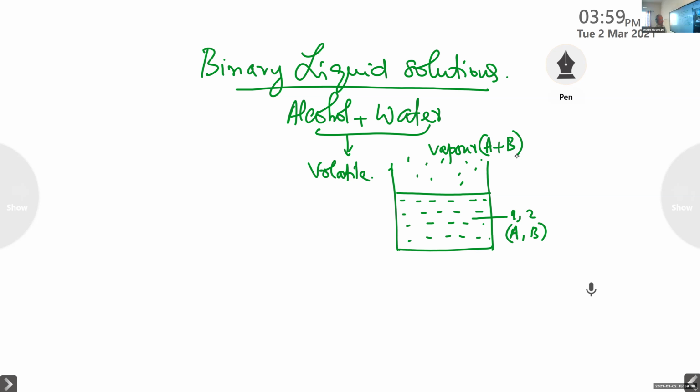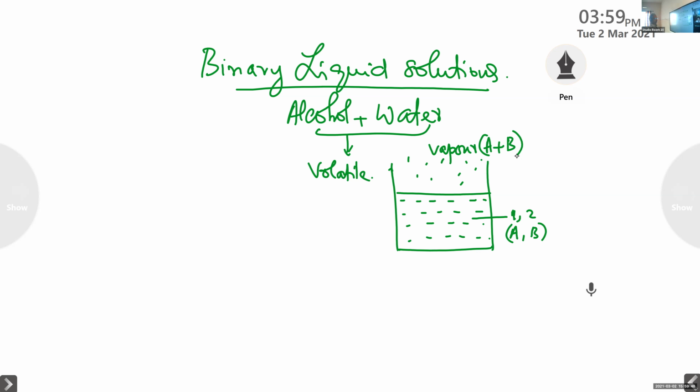That is why it is converted into the vapor state easily. So, more volatile liquids will be easily transformed into the vapor state. So, in the vapor mixture, there will be more molecules of the more volatile liquid.